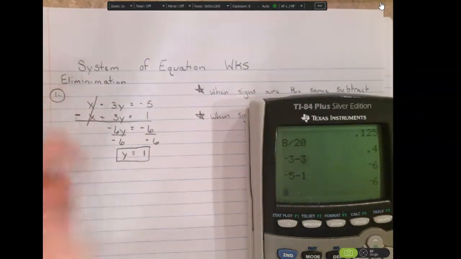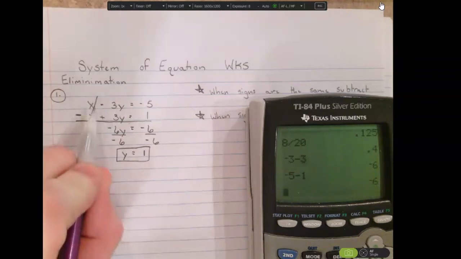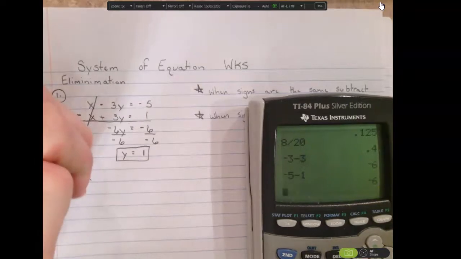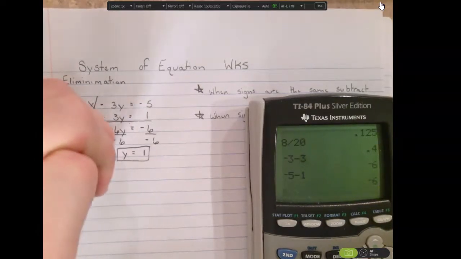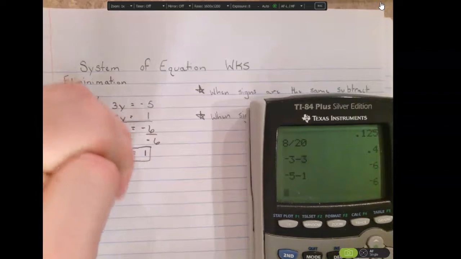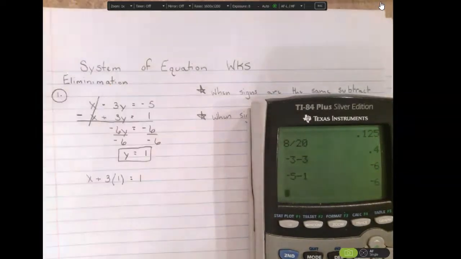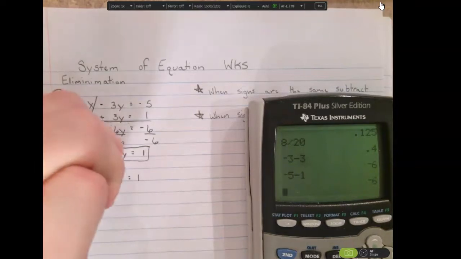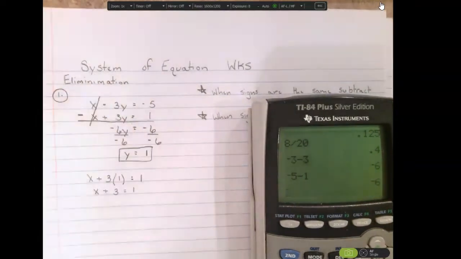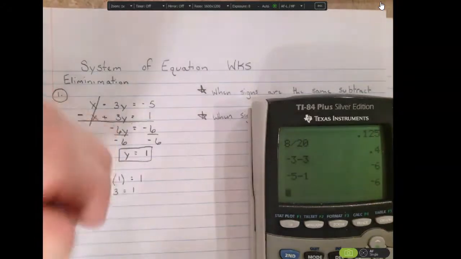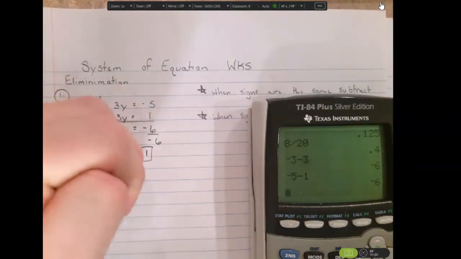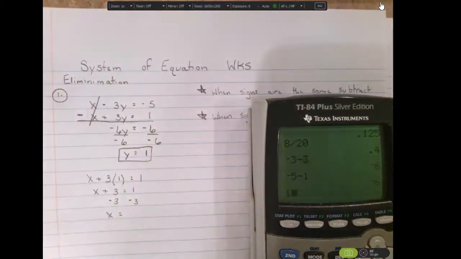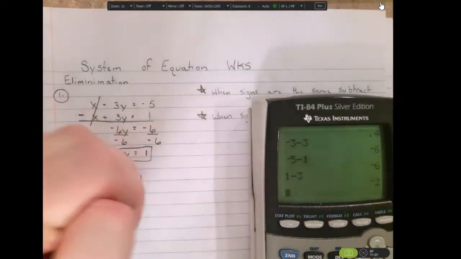It doesn't matter which one you choose, the first equation or the second. I'll put it in the second equation. So x plus 3 times 1 equals 1. Then x plus 3 equals 1. I'm going to subtract 3 on both sides to get x by itself. X equals 1 minus 3, negative 2.